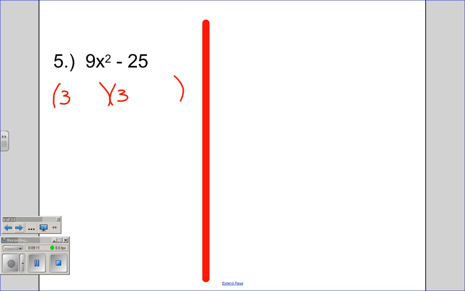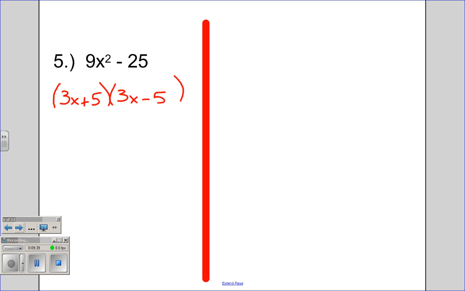What times what's going to give me x squared? X times x. Now it needs to multiply to give you a -25. So again, our signs have to be a positive and negative. And then what number squared is going to give you 25? 5. And that is your answer.